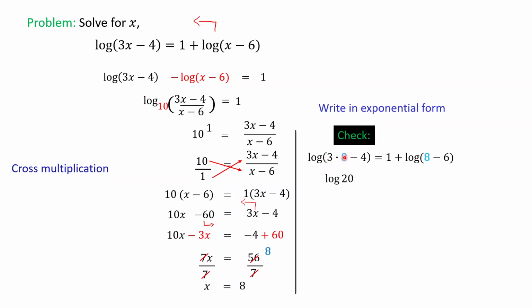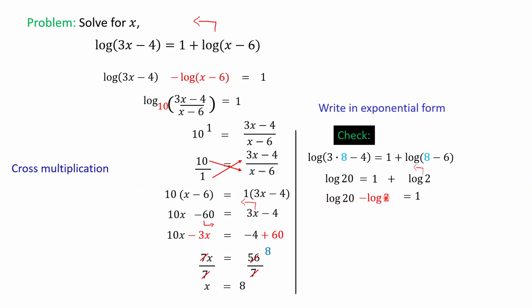Log of 3 times 8, 24 minus 4, that is 20, is equal to 1 plus log of 8 minus 6, which is 2, so log 2. Now move this to the left hand side by subtracting. You get log 20 minus log 2 is equal to 1.